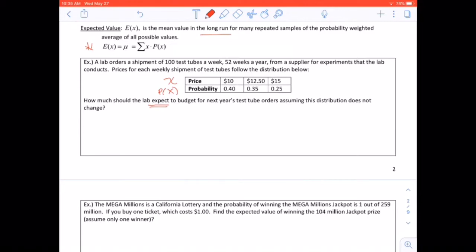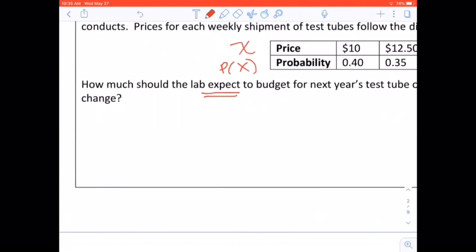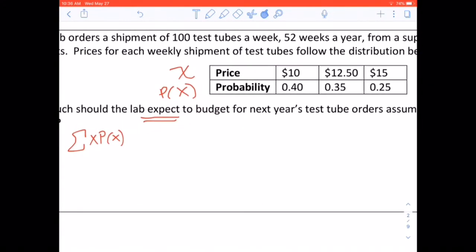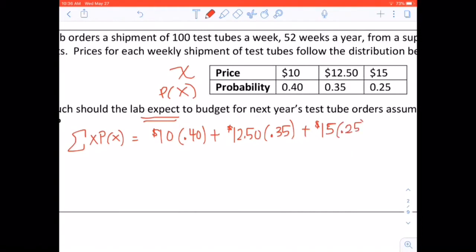So our formula for the expected value is E of X is equal to the sum of X times P of X. So looking at our distribution over here, we're going to have X times P of X. So X is equal to $10, and that happens 40% of the time, plus X times P of X, $12.50 times 0.35, 35% of the time, plus $15 times 0.25.